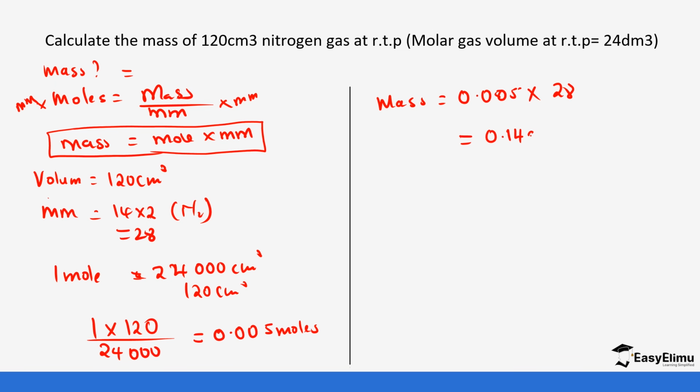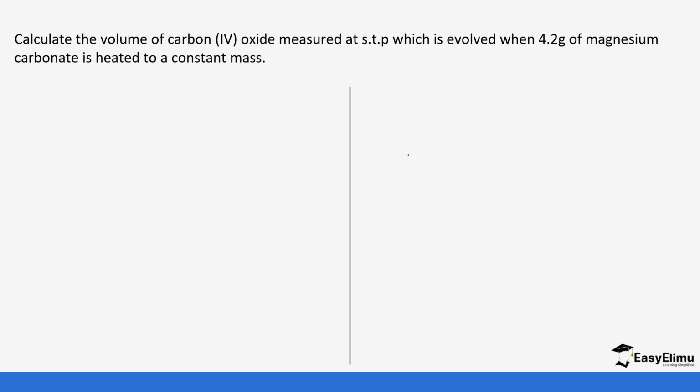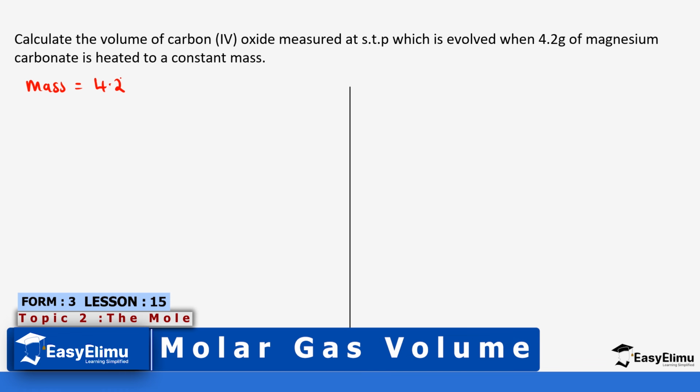One last question: calculate the volume of carbon dioxide measured at STP, which evolved when 4.2 grams of magnesium carbonate is heated to a constant mass.